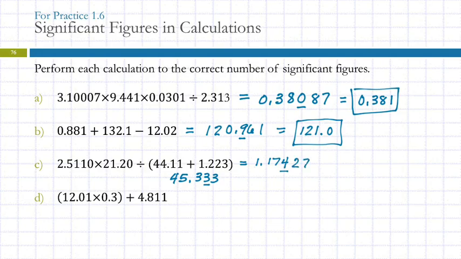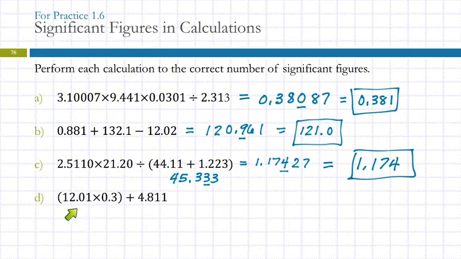Don't feel bad about correcting me. I make mistakes all the time, and I'd rather fix it right here in lecture than have somebody come back on YouTube and make some comment about how stupid I was. I do stupid things. Okay, so then we write down the 2 extra digits, then we round it, and so 1.174. Okay?